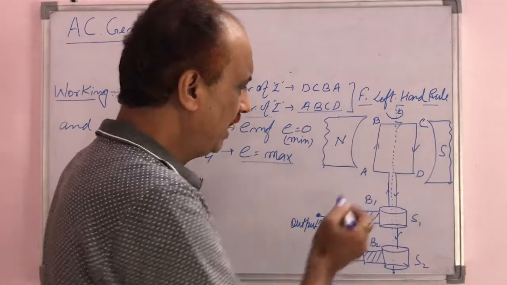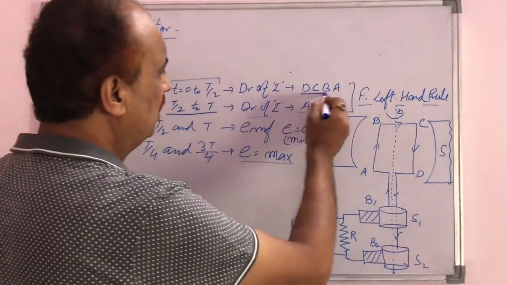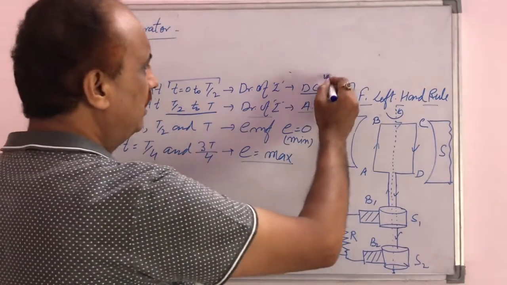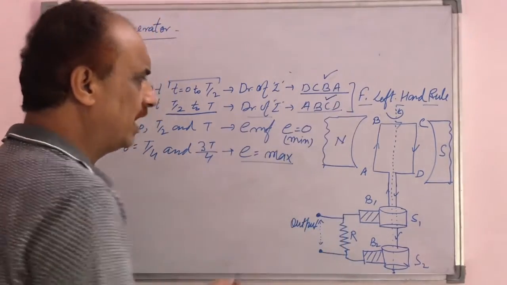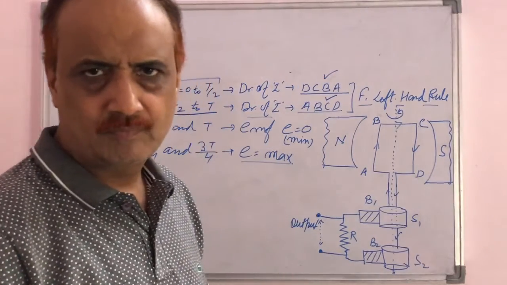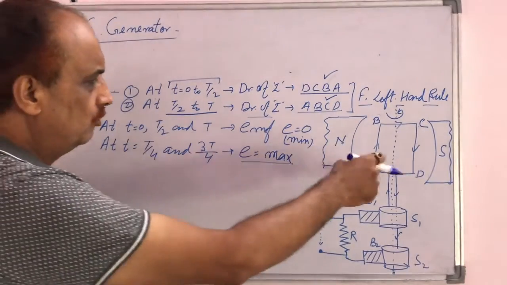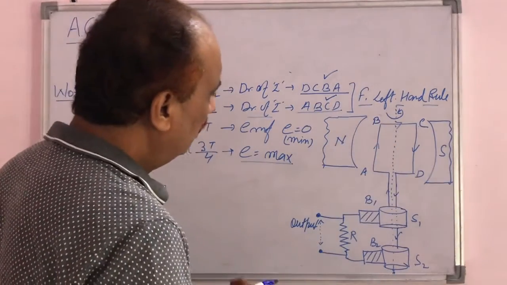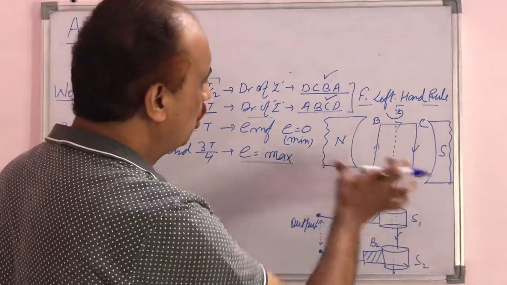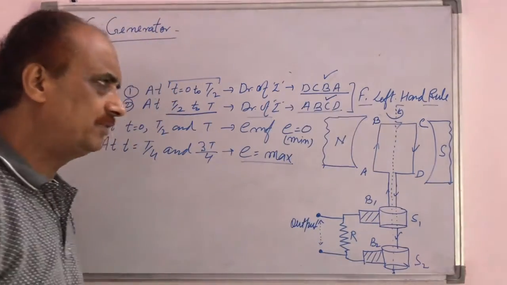So in the first half rotation the current flows in the direction DCBA, and in the next half rotation the current flows in the direction ABCD in the rectangular coil. This is the direction of the current when the coil is moving between the strong magnet, and this direction can be explained according to Fleming's left hand rule.